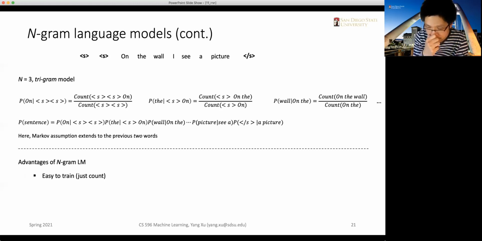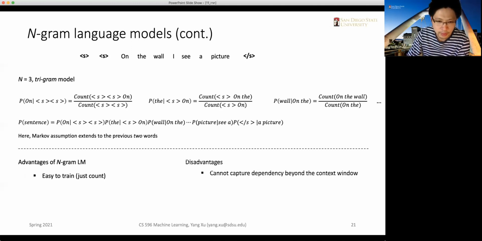It's just a count of words, and it can be optimized by implementing it in some lower-level computer languages. The disadvantage is that the context is sometimes too short. Even if we're using 4 or 5 context words, it's not flexible enough to capture longer dependencies beyond the context window. We're only using 5 words before at most.